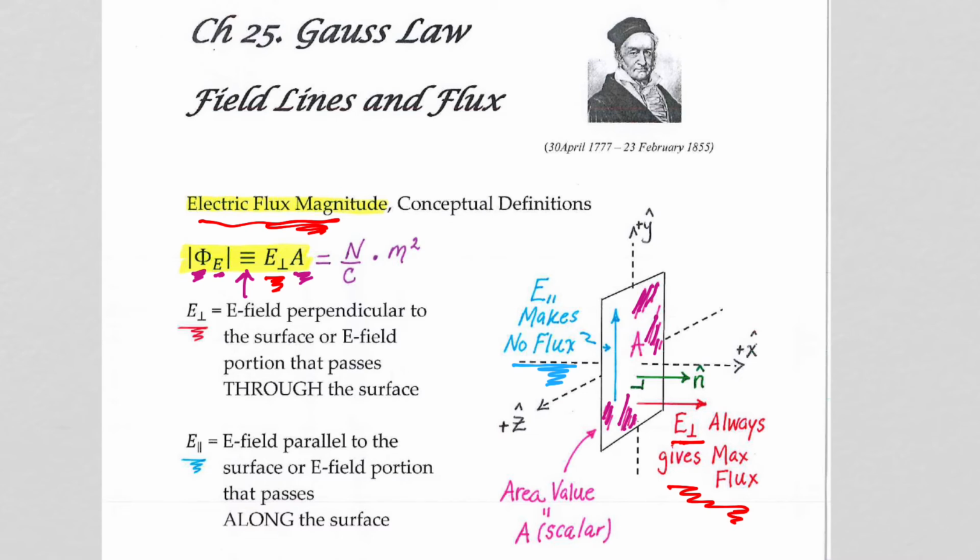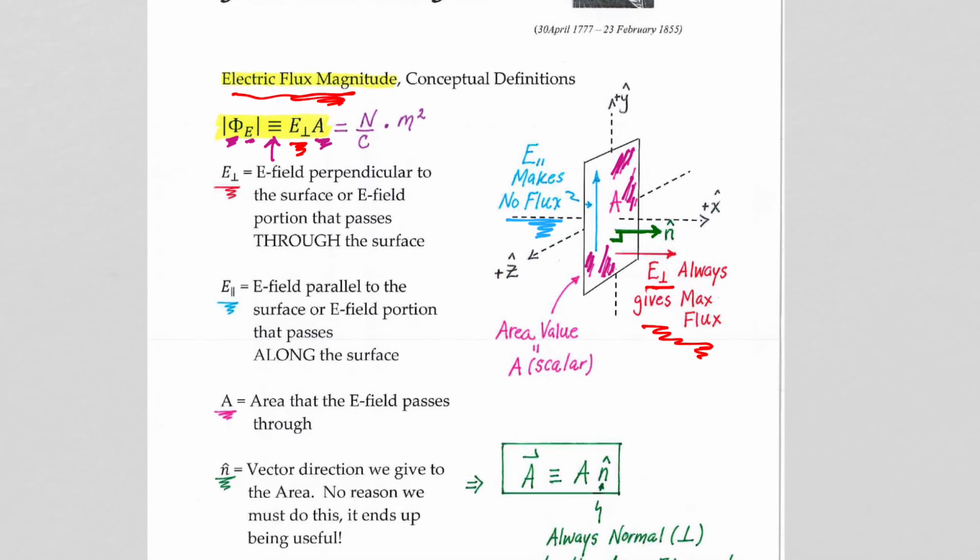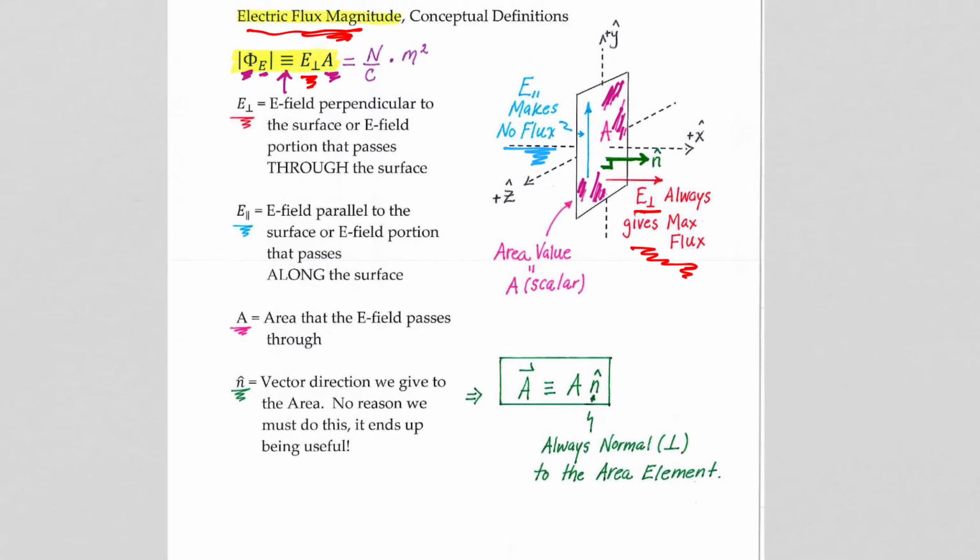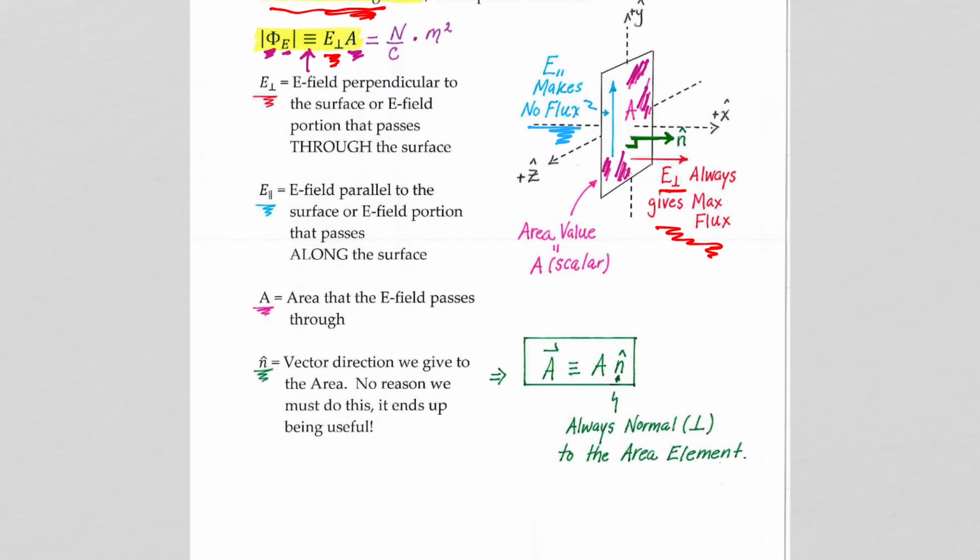So this is an n hat normal, so the little n is for normal, mathematically normal, 90 degrees to the surface area. And that, as it turns out, is going to give us a very important definition for area as a vector. So this is a new concept to us.